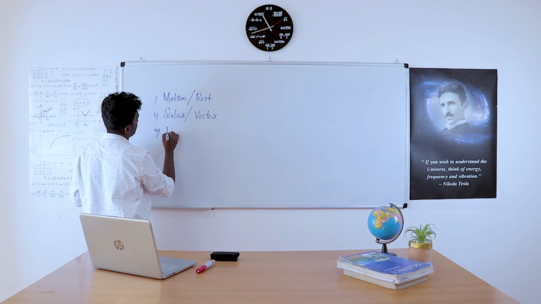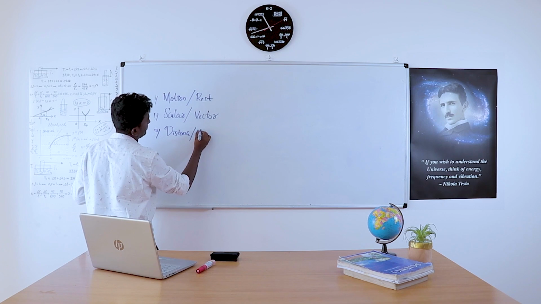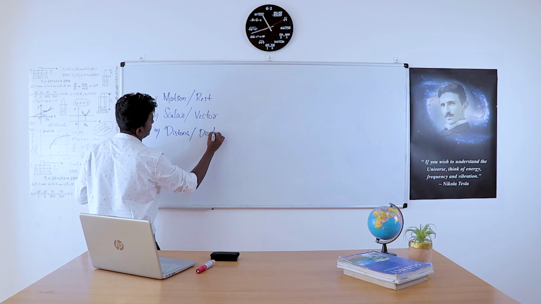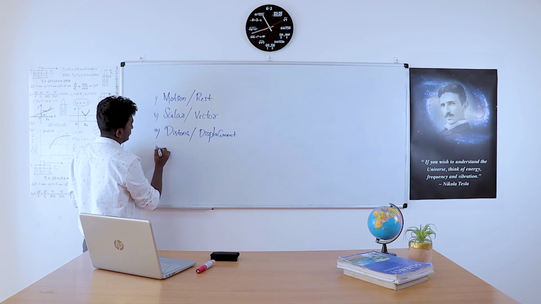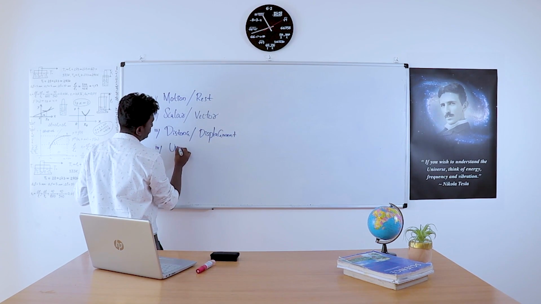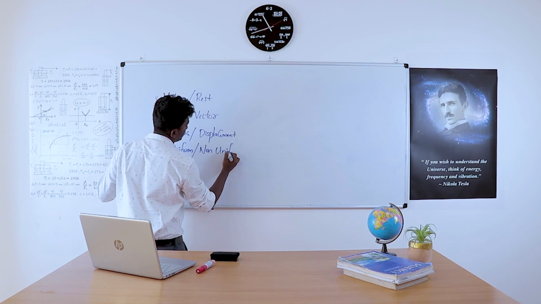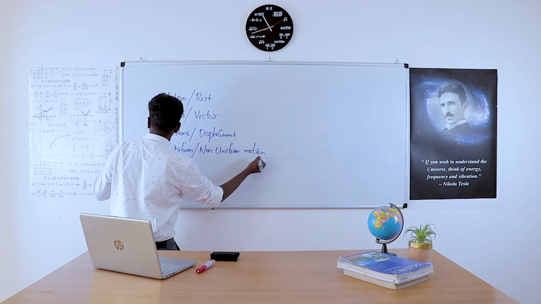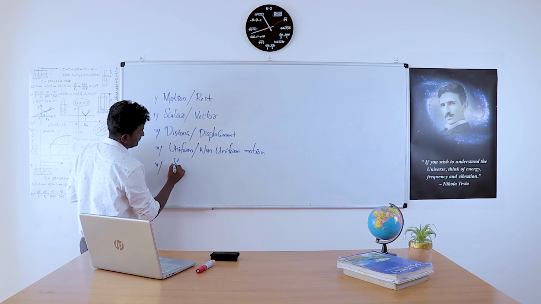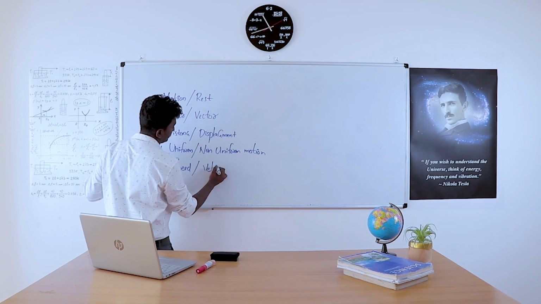Third one is distance and displacement. Fourth one is uniform motion and non-uniform motion. Fifth is speed and velocity.